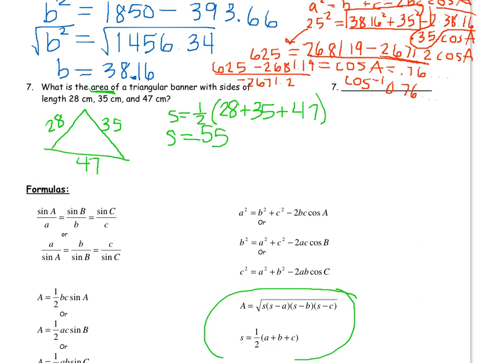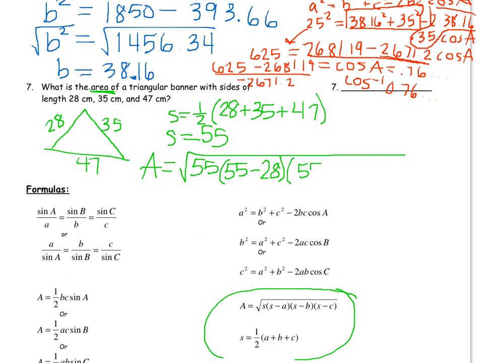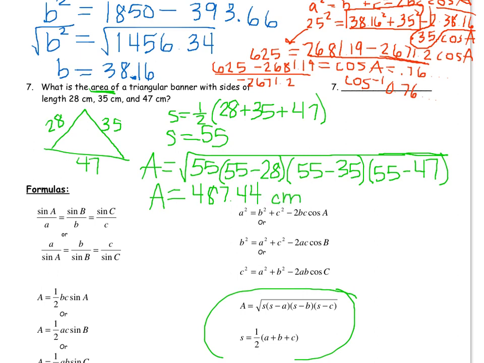So we found our S, so now our area equals the square root of S times, subtracting each side from S, 55 minus 28 times 55 minus 35 times 55 minus 47. If you just put that all into your calculator, you'll get 487.44. And my units here are centimeters squared.